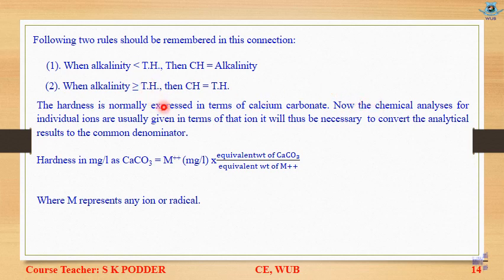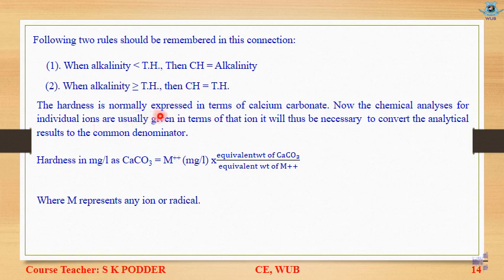So it mainly depends on alkalinity. If alkalinity is smaller than total hardness, then carbonate hardness is equal to alkalinity. If alkalinity is greater than total hardness, then carbonate hardness is equal to total hardness.